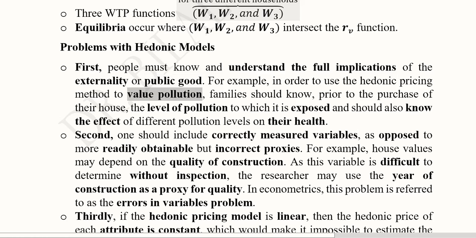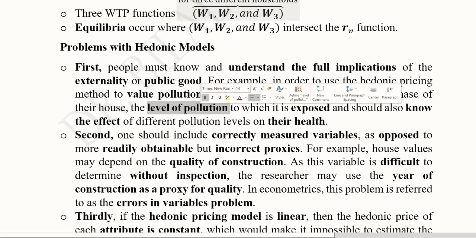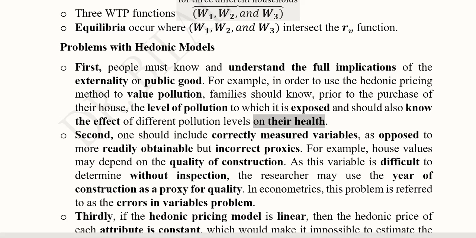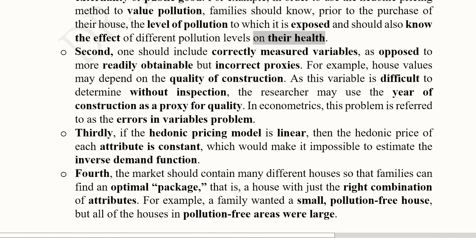So the negative externality of pollution is difficult to assess for many people, because if people live in houses in an area with a high level of pollution, then they will be exposed to the pollution, there will be health issues, and then they realize the actual consequences of the pollution. So the implications are not commonly known by the general masses, and they can misguide us with their poor responses when it comes to WTP regarding the pollution or any other attribute.